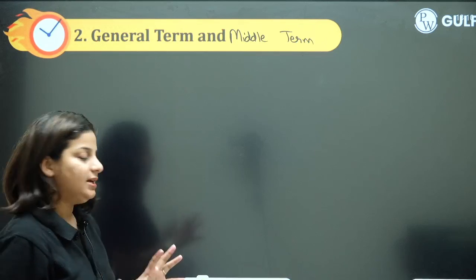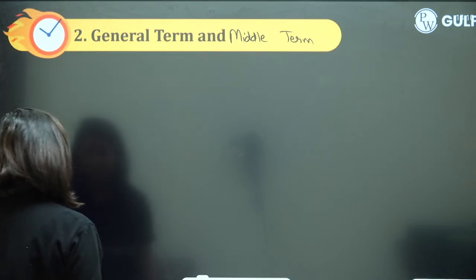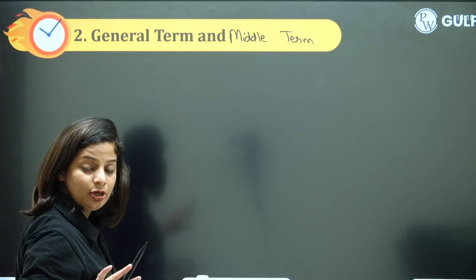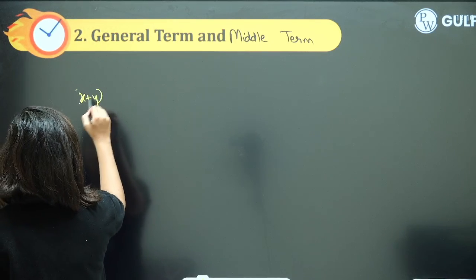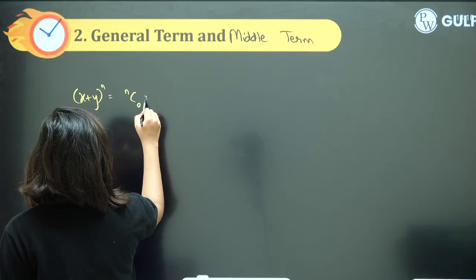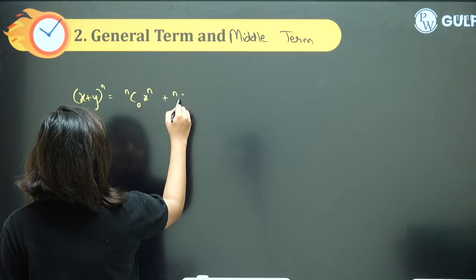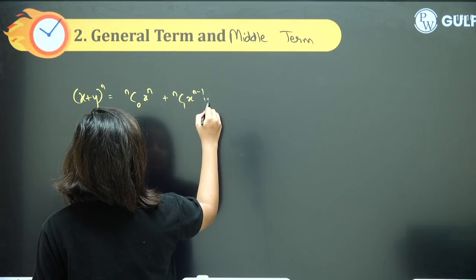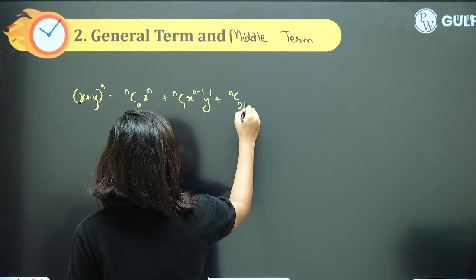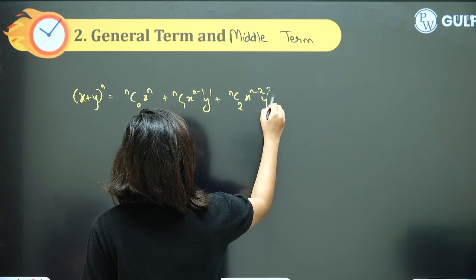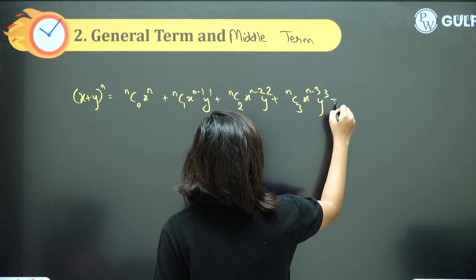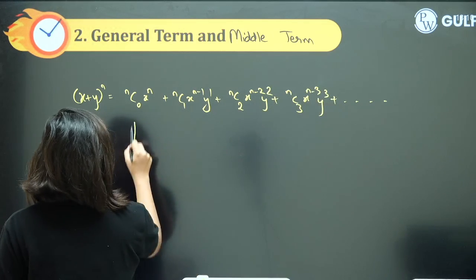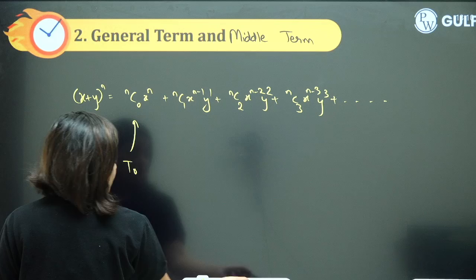It's brilliant that we can find any random term in the expansion. How is that? If you know x plus y raised to n is equal to NC0, NC1, NC2, NC3 and so on, this is nothing but your first term.